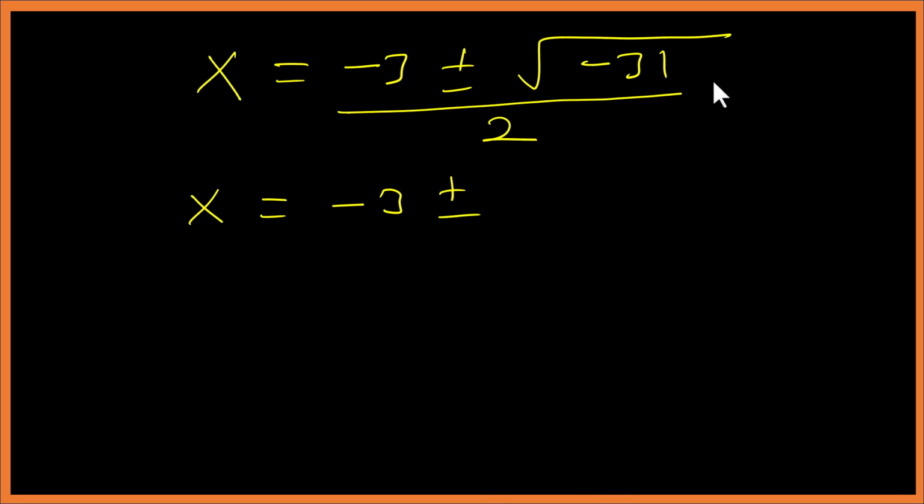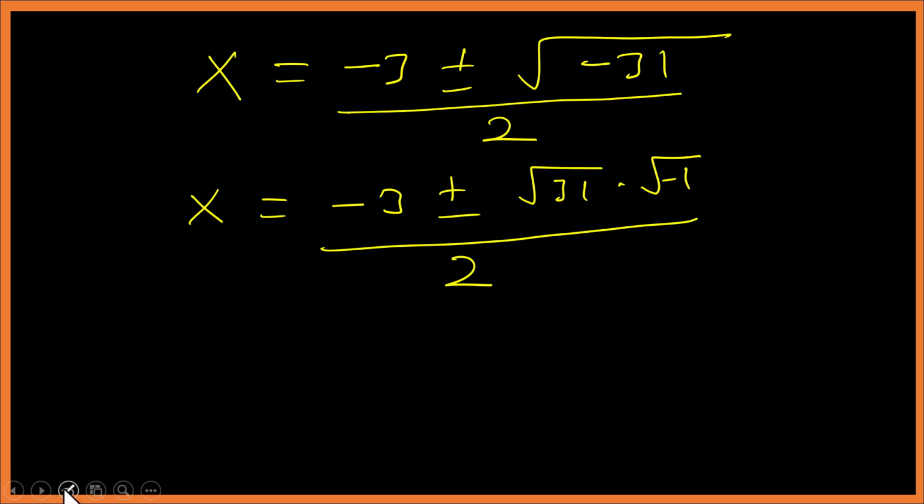Now we can write this one as square root of 31 times square root of minus 1, over 2.